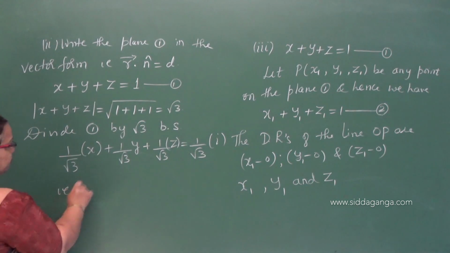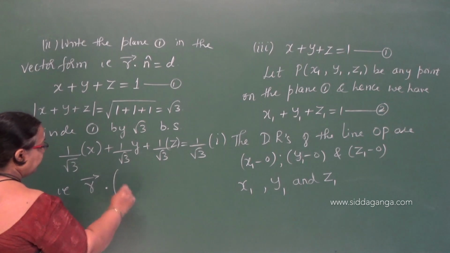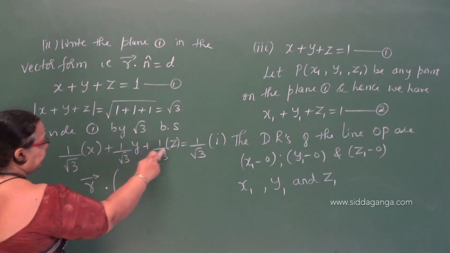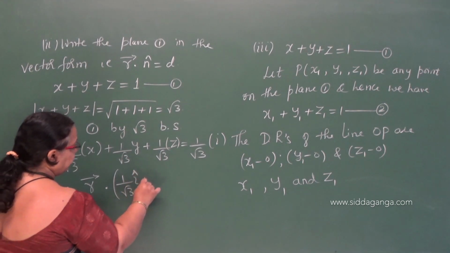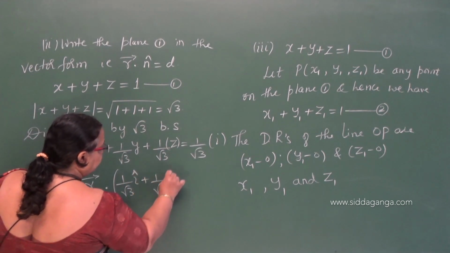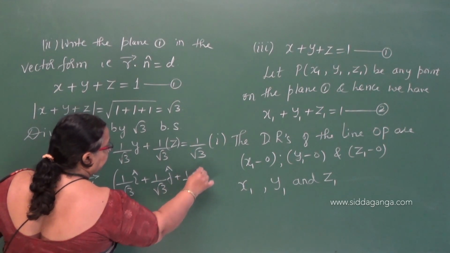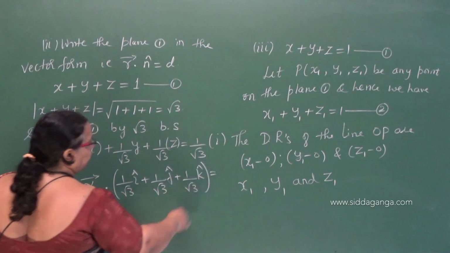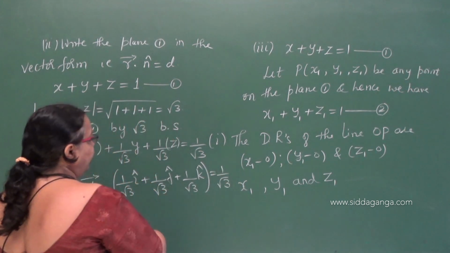That is x, y, z, that becomes vector r dot. Now combine these with i, j, k and write: 1 by root 3 into i cap plus 1 by root 3 into j cap plus 1 by root 3 into k cap equal to 1 by root 3. So here you can see n cap.